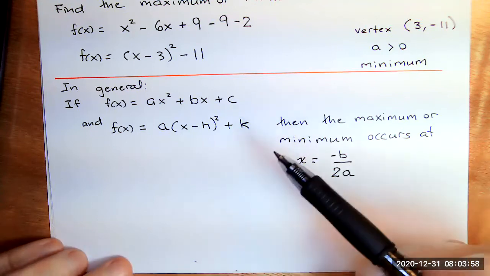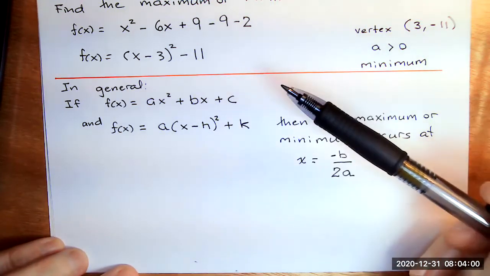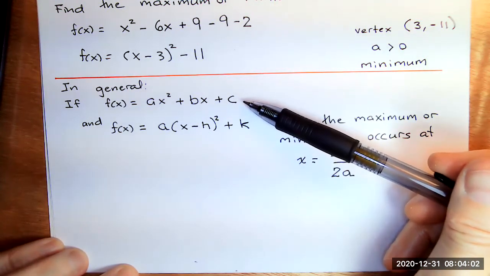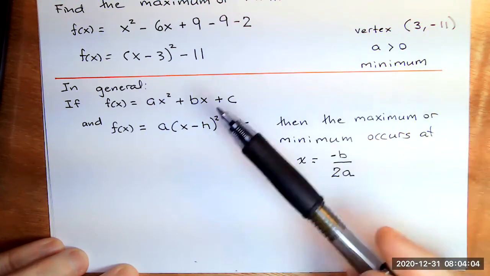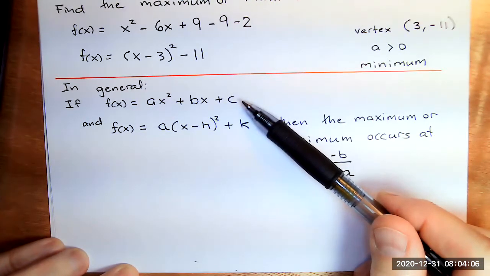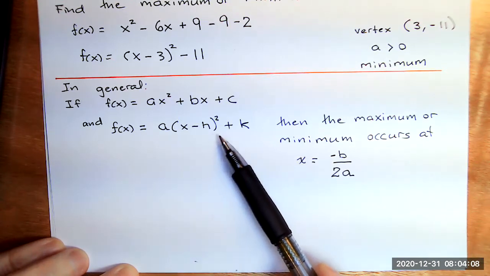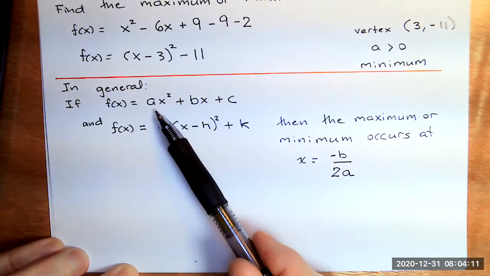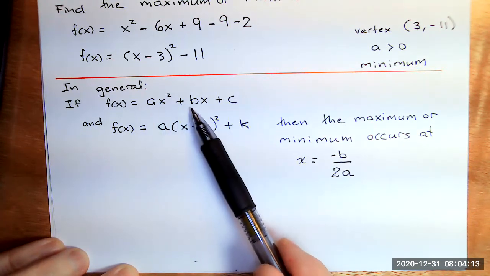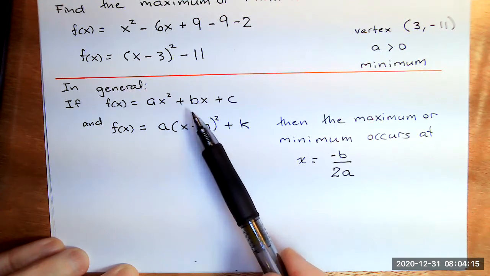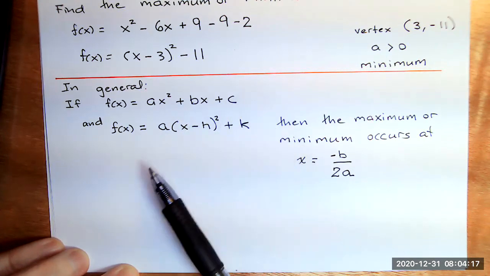All right, a really fun thing to do on a Friday night would be to take the general form and write it in standard form. So factor out the a, take half of the middle, square it, add it, and subtract it.